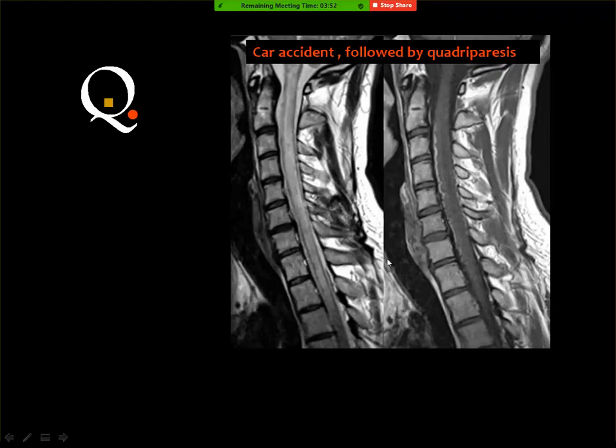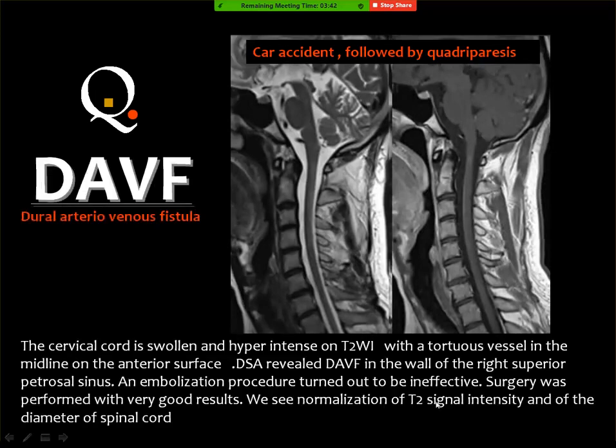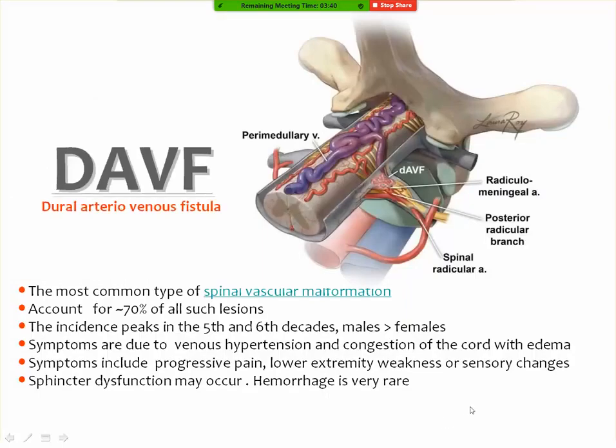Because of the shunting of the blood from the arterial to the venous side directly without passing through the capillaries. And this is one of the very important causes for the patient to develop acute quadriplegia or paraplegia with disturbance of the urine and fecal habits.